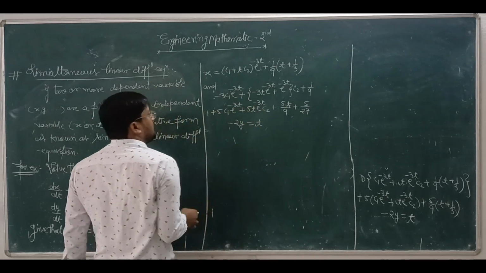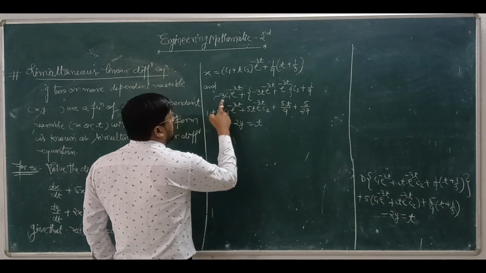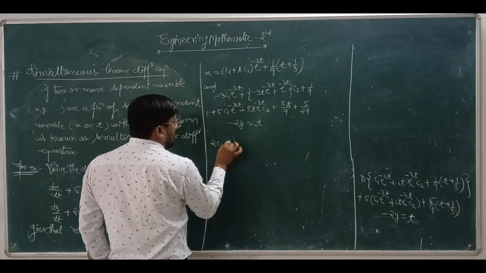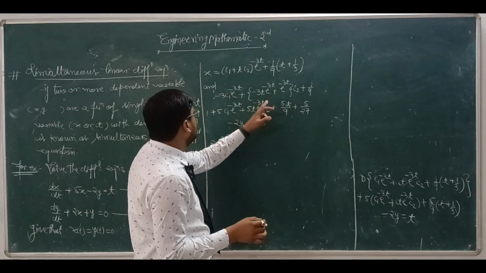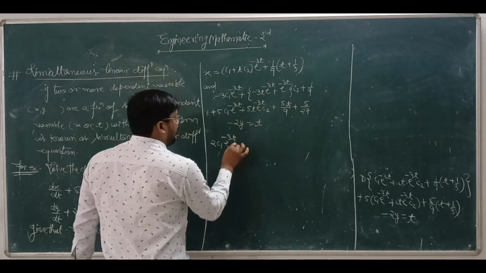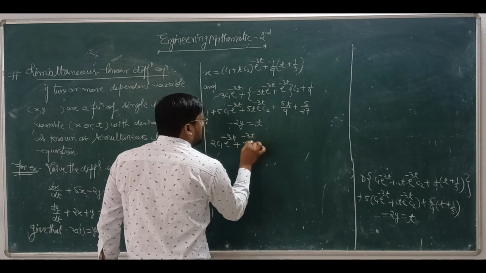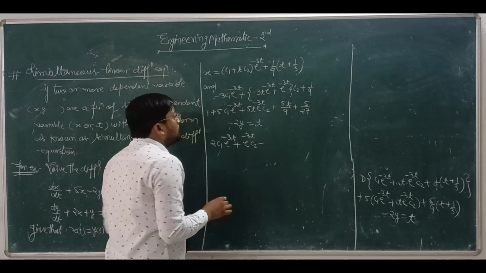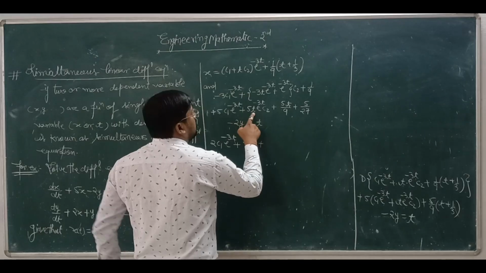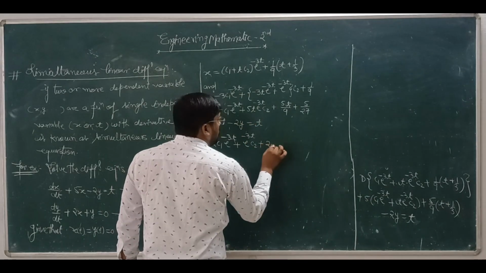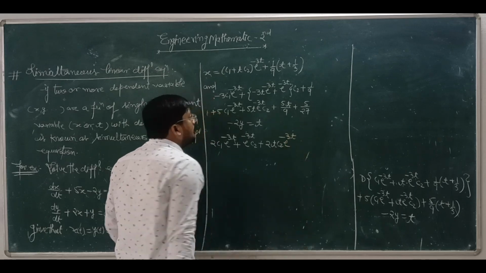Now you can solve this equation. C1, this is C1, it means this. You can write 2c1 e to the power minus 3t. Now again you can solve this, plus e to the power minus 3t c2 plus, you can solve this and this, you can write plus 2t c2 e to the power minus 3t.